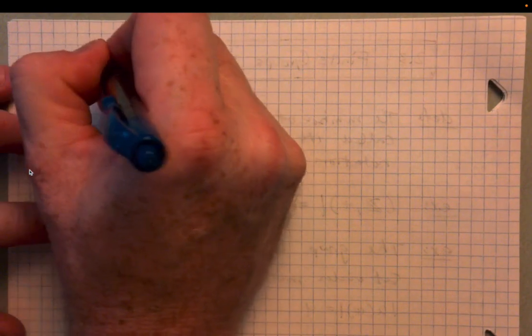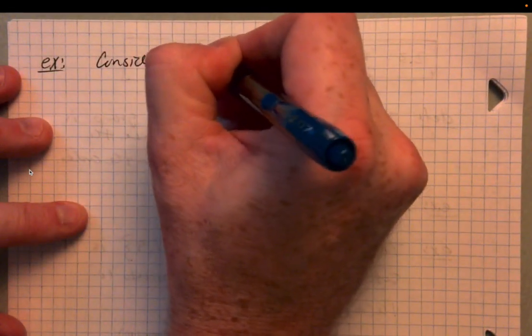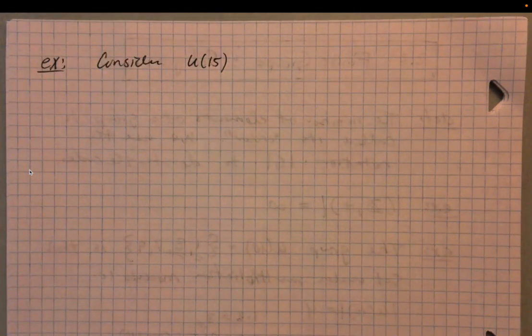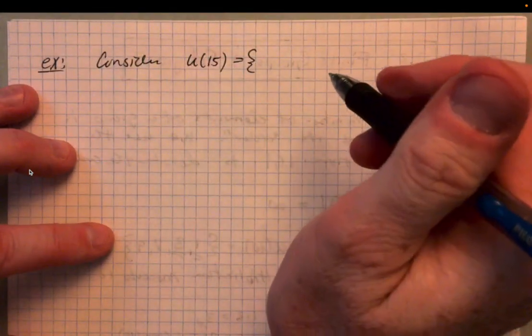So let's consider U15, right? So this is the multiplicative group modulo 15. Okay, so we can enumerate the elements.